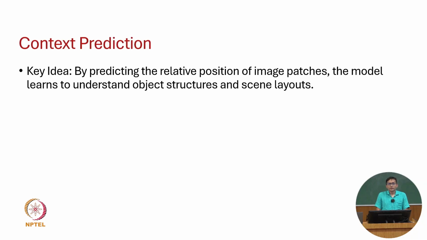So, talking about context prediction, the key idea here is to predict the relative position of image patches, and when doing this, enabling the model to understand object structures and scene layouts.